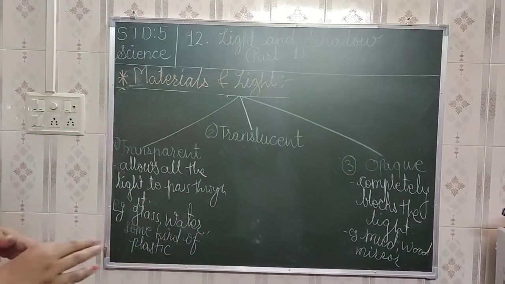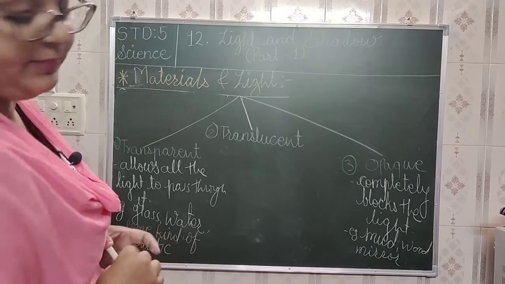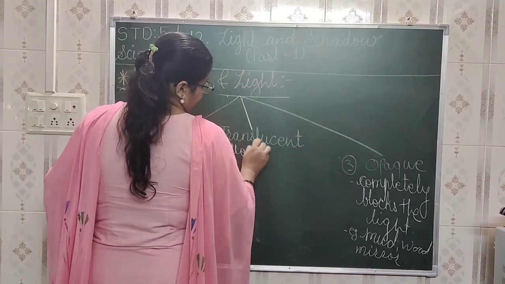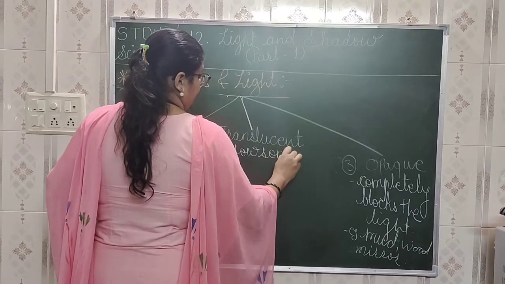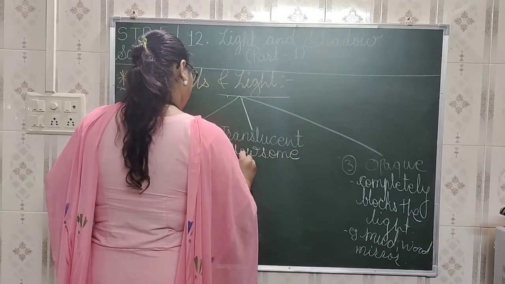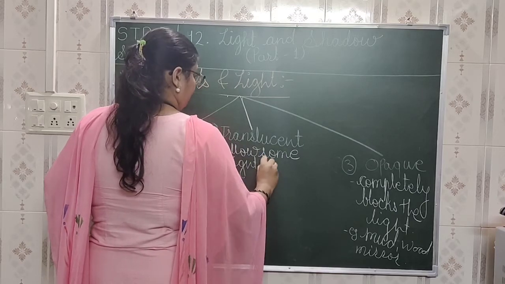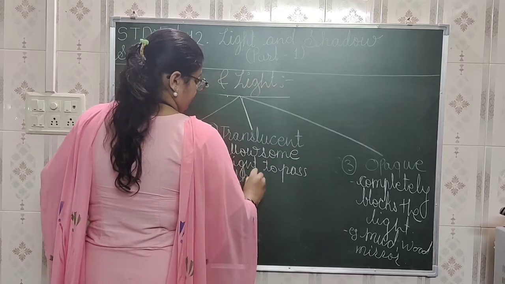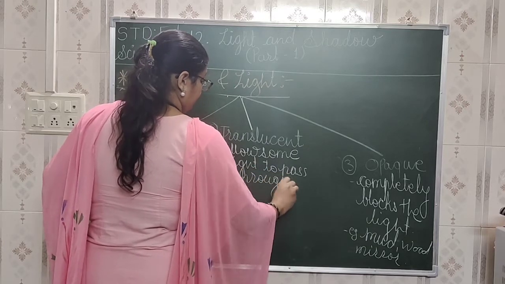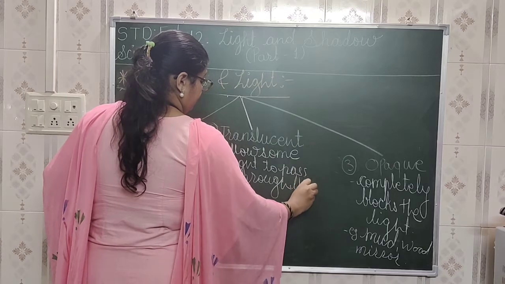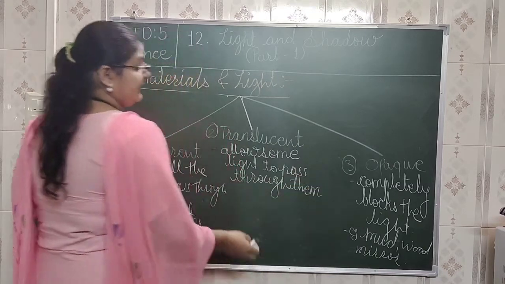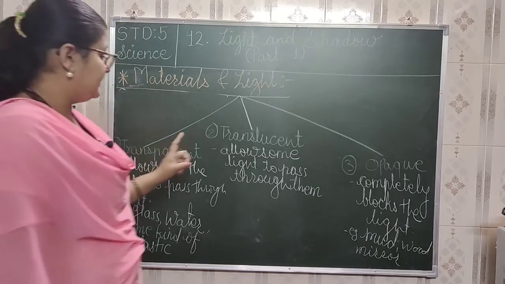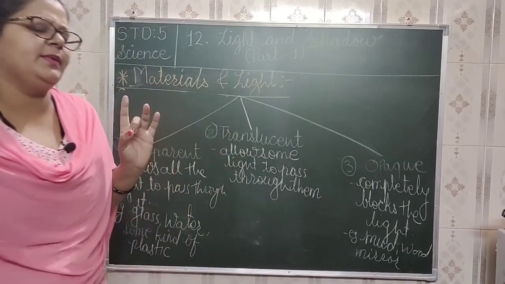They allow some light to pass through them. Materials that allow some light to pass through them are called translucent materials.